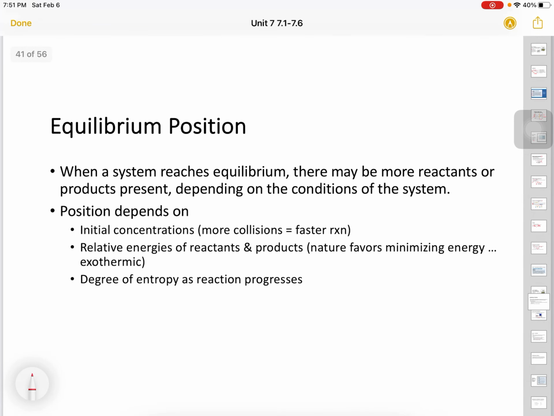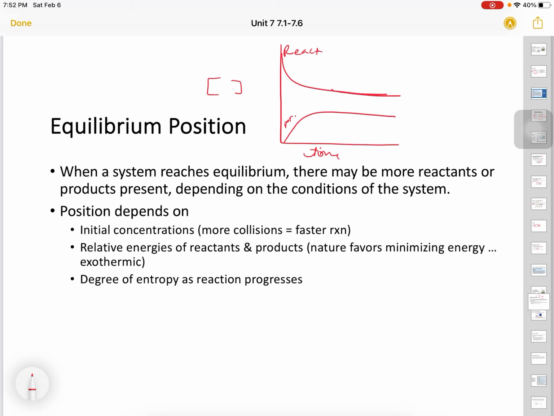So here's the deal. The equilibrium position. When a system reaches equilibrium, there may be more reactants or products present depending on the conditions of the system. And we looked at that when we did the concentration versus time graphs, that you would see something like this. So this would be reactants because it starts out high. This would be products.